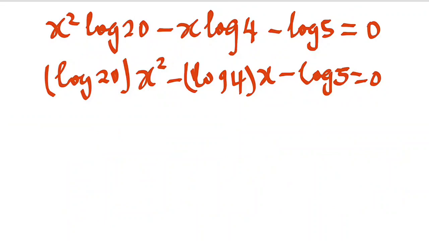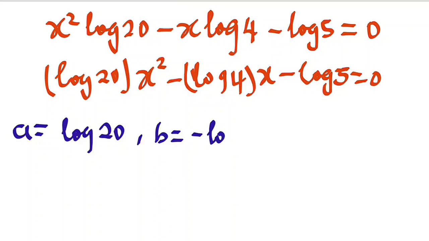Now what do we have here? Using the quadratic formula, our a is going to be log 20, b is going to be minus log 4, then c is going to be minus log 5. Are you following?